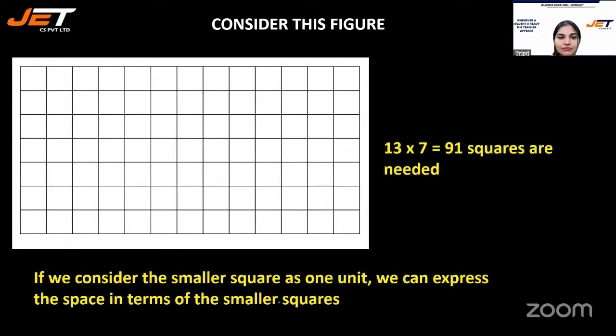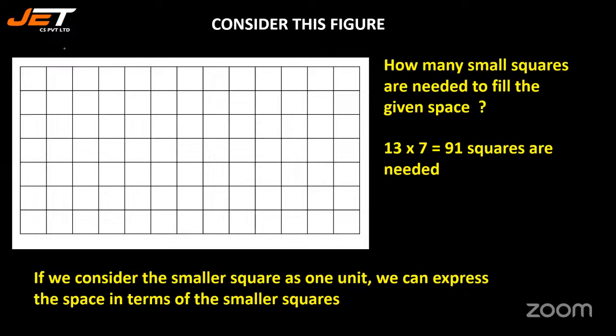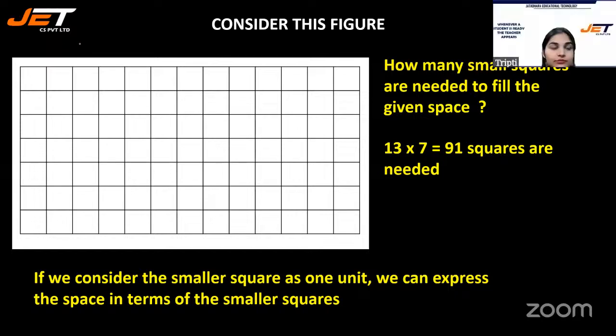Now, if we consider the smallest square as one unit, we can express the space in terms of smaller squares. Can you tell me how many squares are needed to fill in the given space? Just count the number of rows and columns. As you can see here, this is column 1, 2, 3, 4, 5, 6, 7, 8, 9, 10, 11, 12, 13 columns.